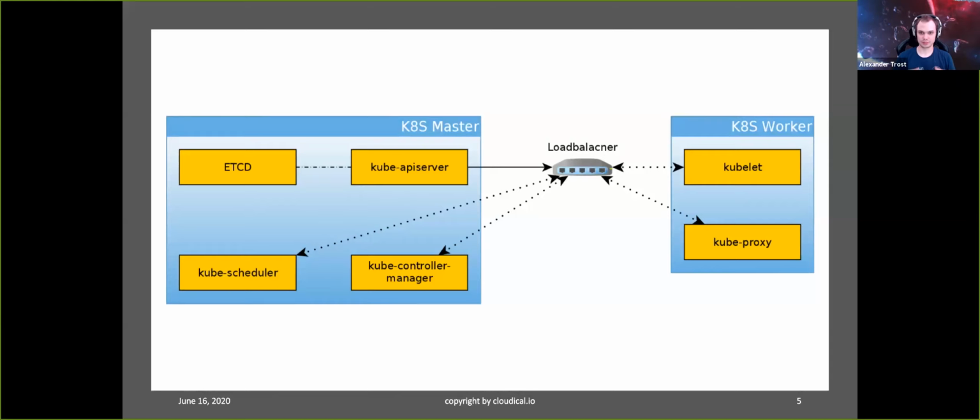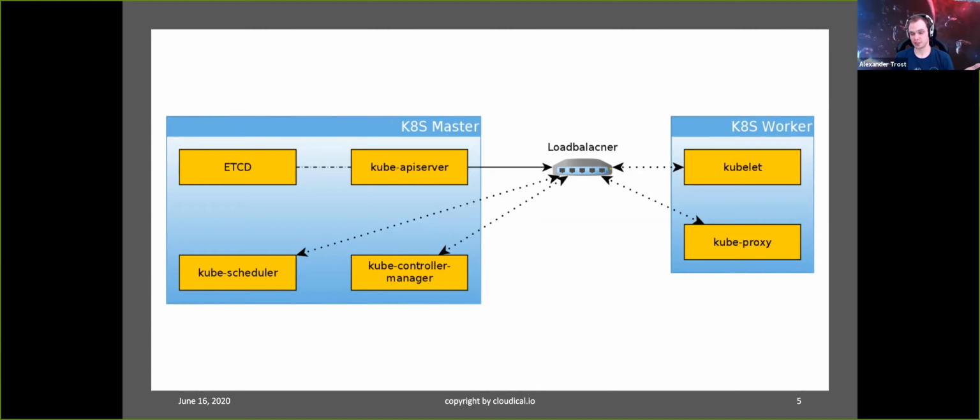Oh, I just found a typo in my graph. The other components on the master, like kube scheduler and kube controller manager, might use the load balancer. Depending on the setup, they might also connect locally and directly to the API server.